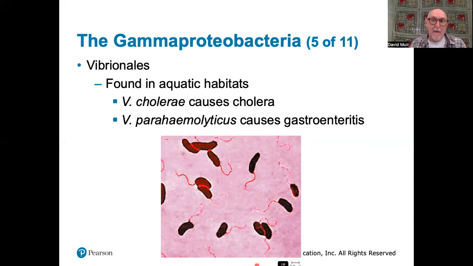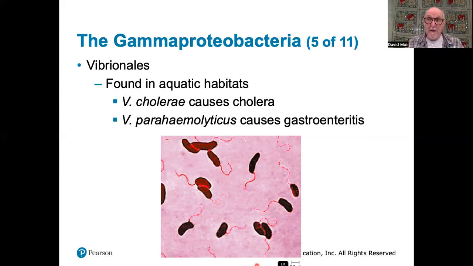It used to run rampant through crowded settings, particularly where there was poor sanitation, for reasons that will become obvious. Now, Vibrio cholerae can be isolated from aquatic systems very widely. It tends to be more commonly associated with brackish water, but it can also be isolated from fresh water.